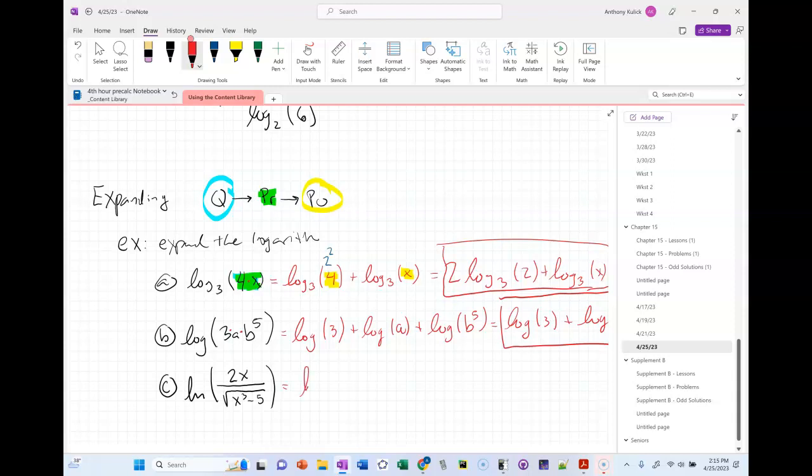So the quotient property is going to be the natural log of the numerator minus natural log of the denominator. So far, so good.